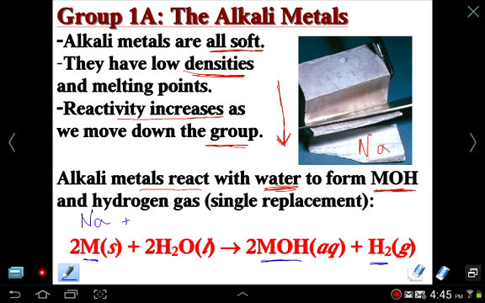Let's write water as HOH, and you'll be able to see the reasoning behind this. And so what you could see is that the sodium replaces the hydrogen, the hydrogen replaces the sodium, and you get yourself sodium hydroxide and hydrogen gas. So think of this one as a single replacement reaction, and it'll be easier to remember. You form the metal hydroxide, but you also form hydrogen gas. Very important.